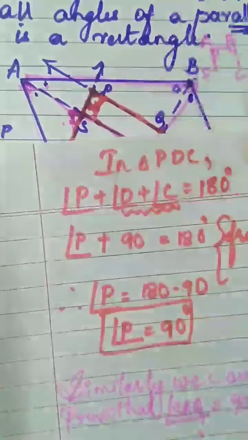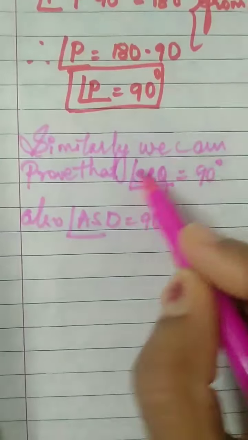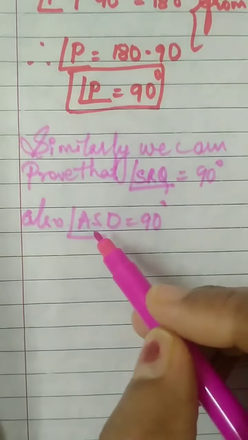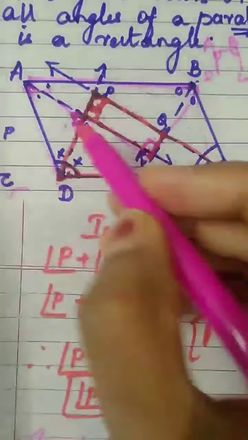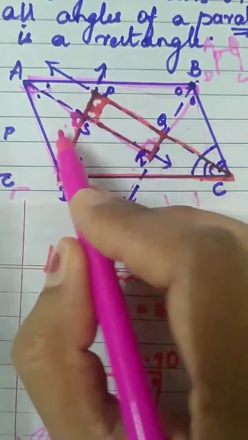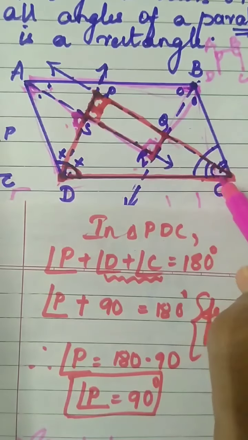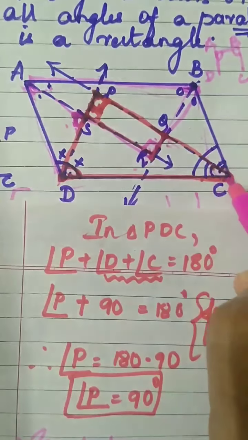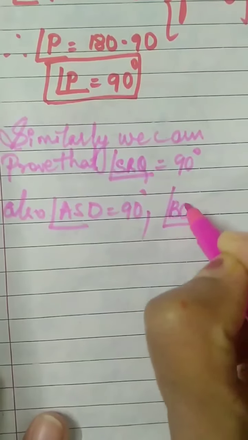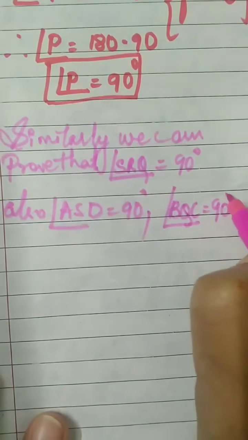PSR will also be 90 degrees. Similarly, we can prove that SRQ is 90, ASD is 90. Same way, if you consider this triangle BQC, angle BQC will also be 90 degrees.